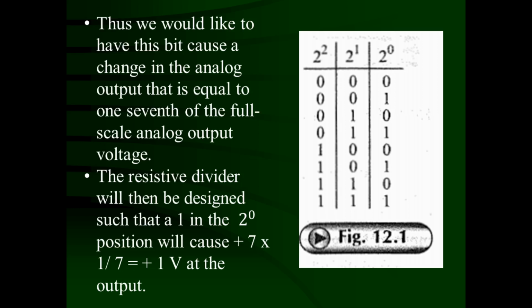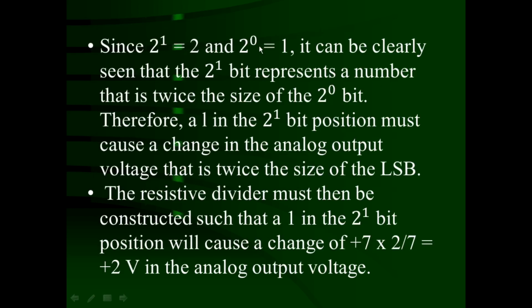So, from these calculations we can say that if the LSB is going to be changing from one state to another state, corresponding to that there should be a change of the analog output voltage of plus 1 volt. Similarly, for 2 raised to 1, the bit is equal to 2 and 2 raised to 0 is equal to 1.